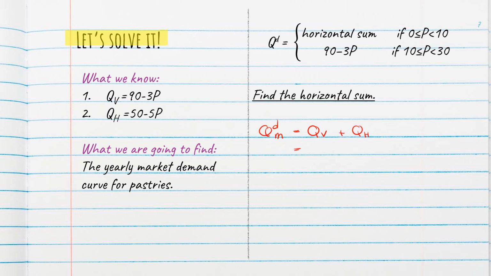So fill in what we know. We have 90 minus 3p plus 50 minus 5p. Combining terms, 90 plus 50 is 140. And negative 3p minus 5p is minus 8p.